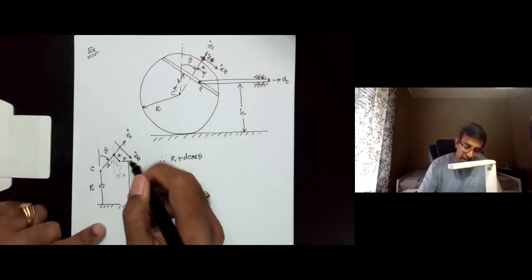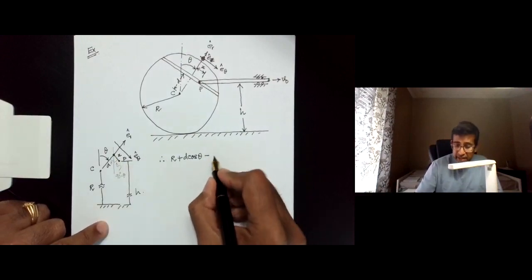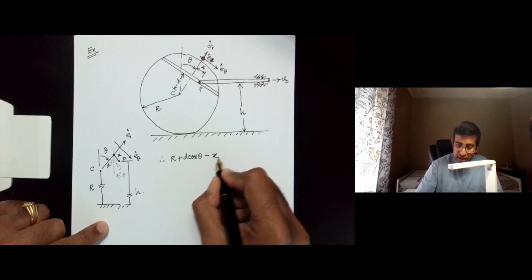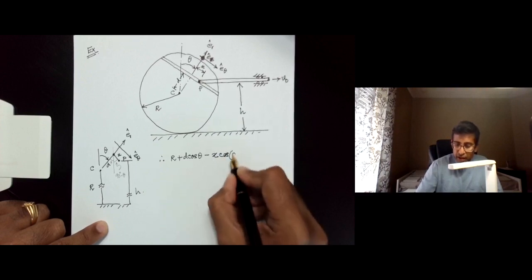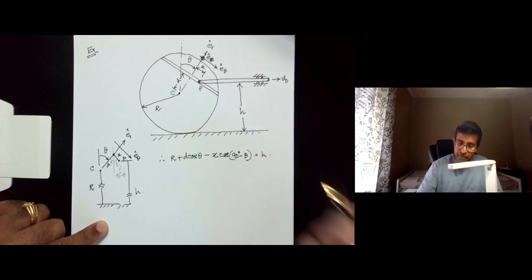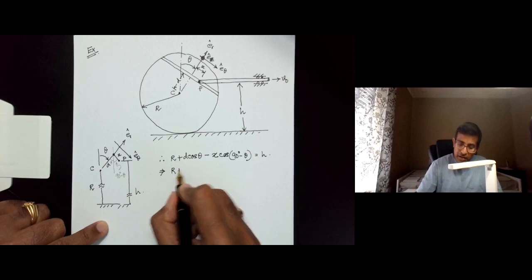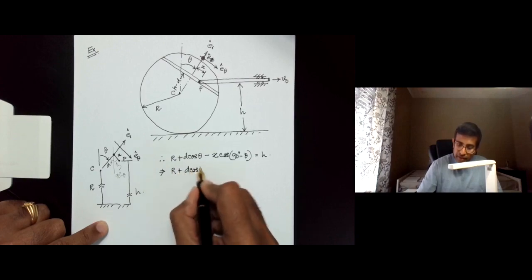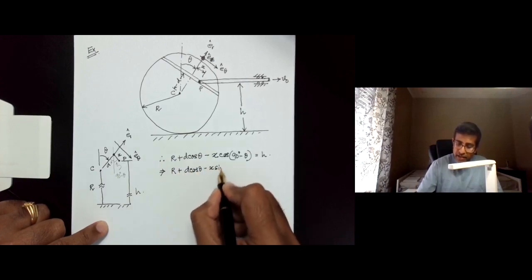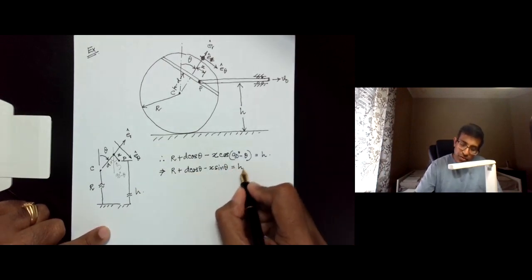So then the negative of the vertical component is x cosine of 90 degrees minus theta, equal to h. So we can then effectively say that R plus d cosine theta minus x sine theta, because cosine of 90 degrees minus theta is sine theta, is equal to h.